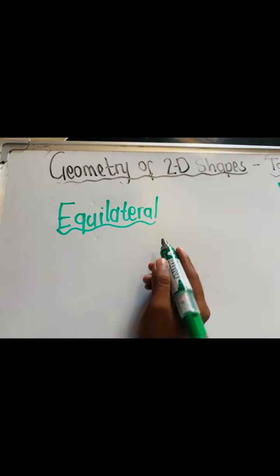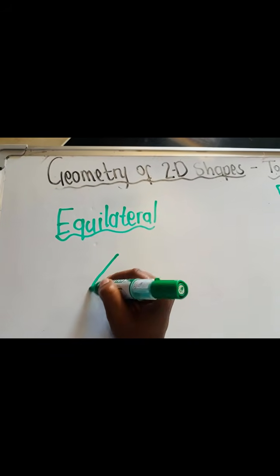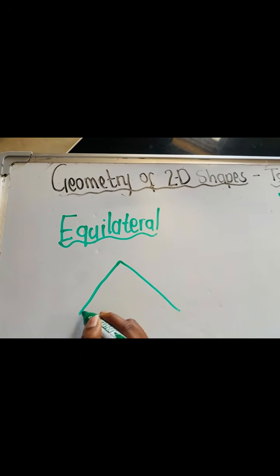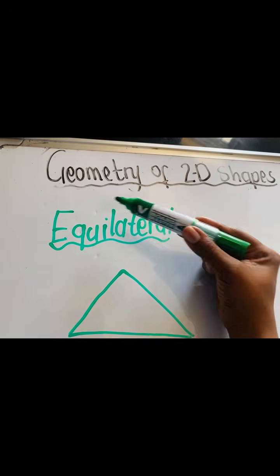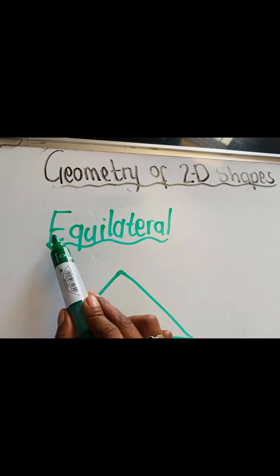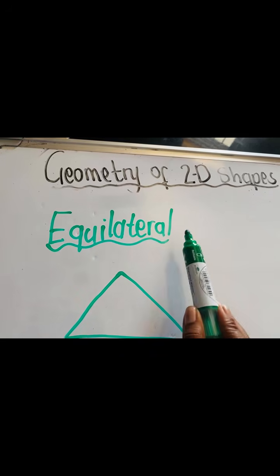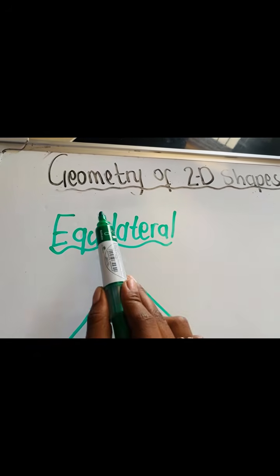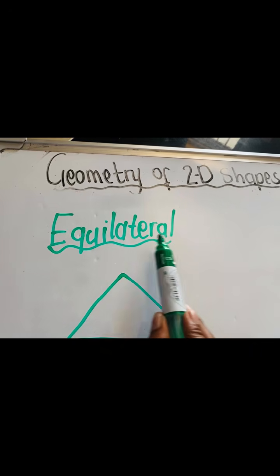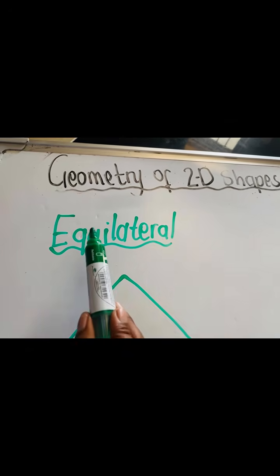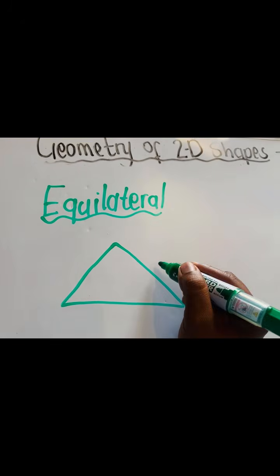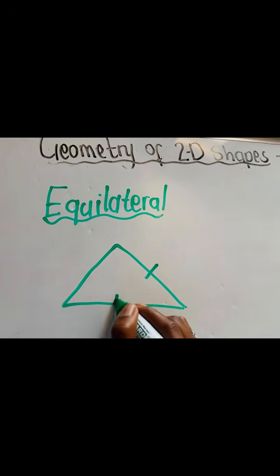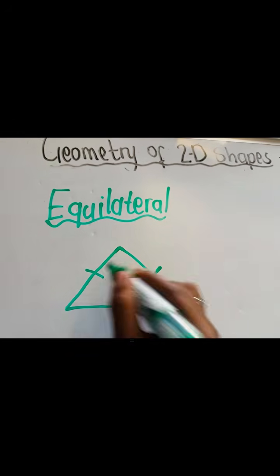This is our third triangle. It's called the equilateral triangle. Now this triangle has a meaning in the word. It says equilateral, meaning equal sides. So lateral is side and equa means equal. So meaning all the sides of this triangle are equal.